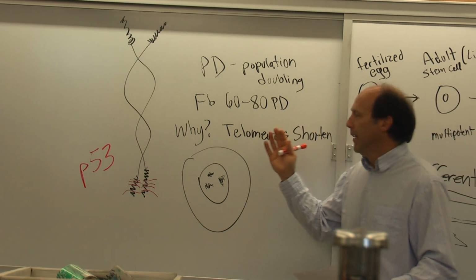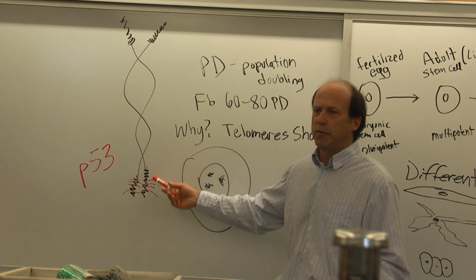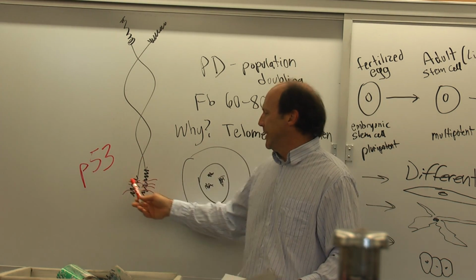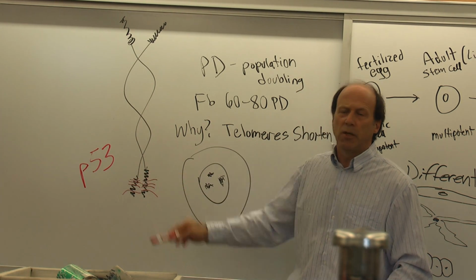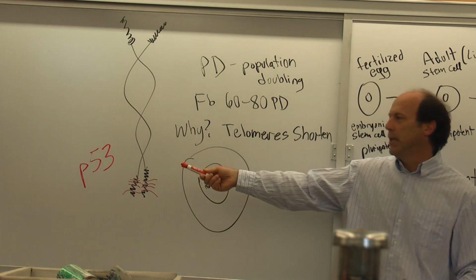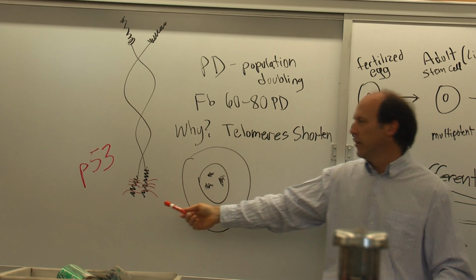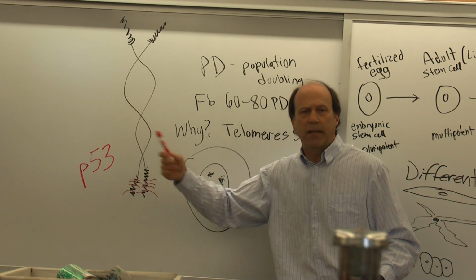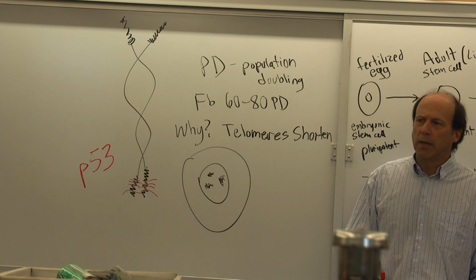Is the DNA healthy? For the DNA to be healthy, you can't have these ends chewed up too far, and P53 can detect that. It's like, okay, they've been nibbled down too much, we can't replicate anymore. Shut it down. And that's where the population starts to plateau. It's not going to go through any more cell divisions. P53, the gatekeeper, says there's too much DNA damage potentially here, so we can't replicate.